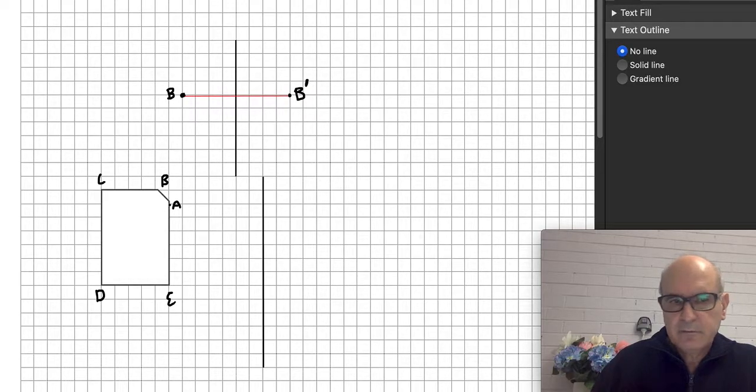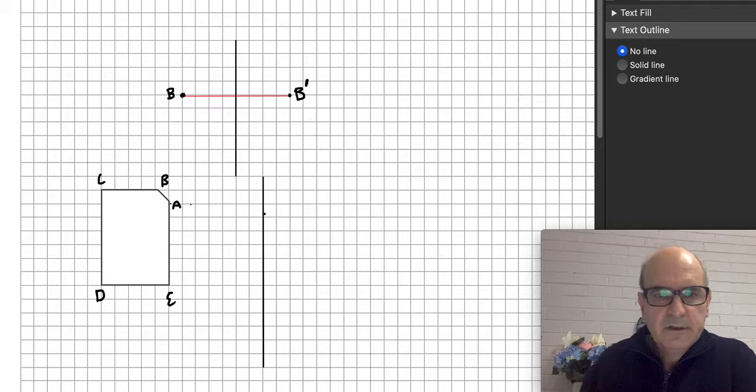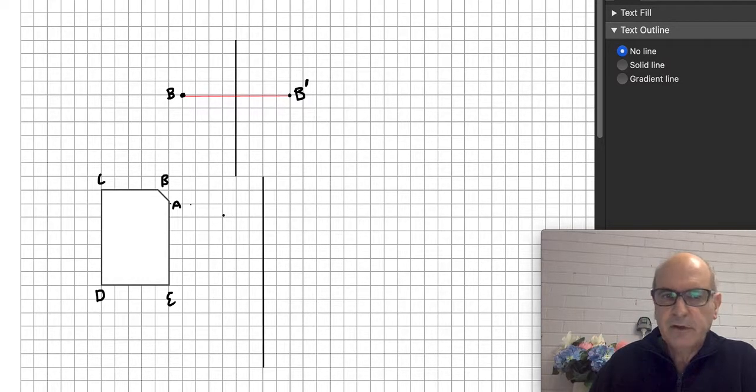To do that, I start with A, and I draw a perpendicular line to the line that I want to find the reflection in. And because it is 1 unit, 2, 3, 4, 5, 6, 7, I got to go 7 units to the right as well. So continue by 7. 1, 2, 3, 4, 5, 6, 7.